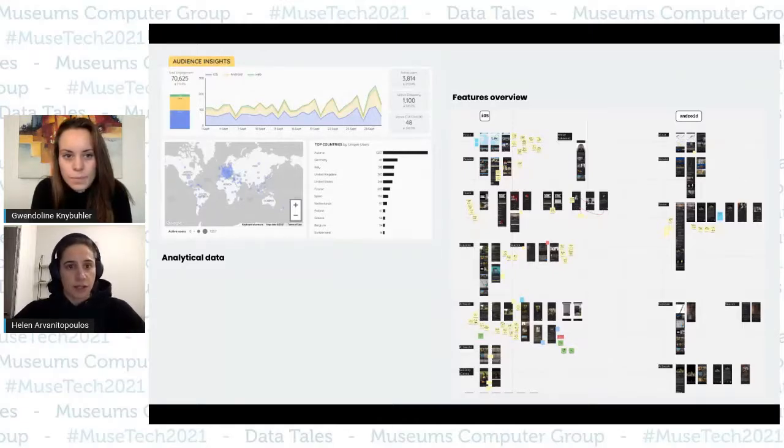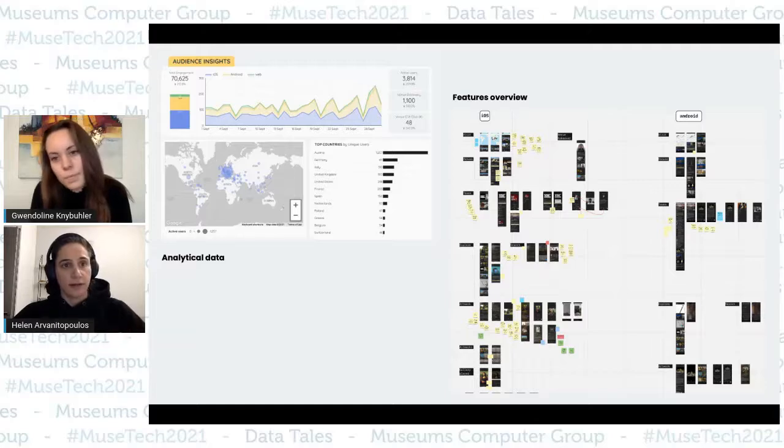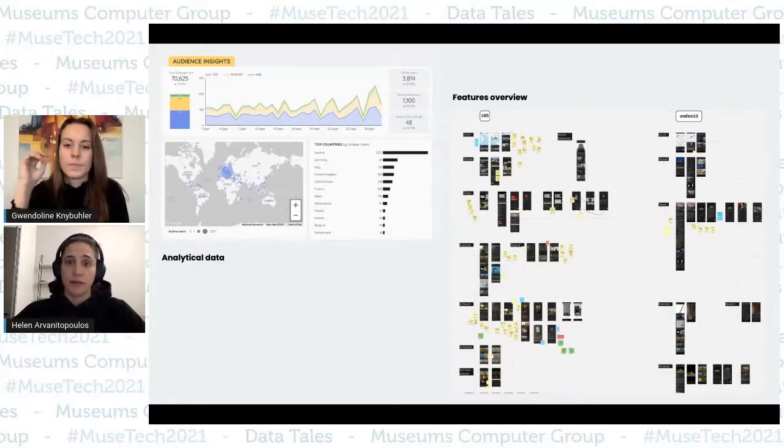And that's typically using a lot of analytical data. And on our right, which is a features overview, this is really going into the depths of our product and understanding what features exactly, what components, what little elements of the product people are engaging with, and why they would be more interested in one thing over the other. What can we be doing better?